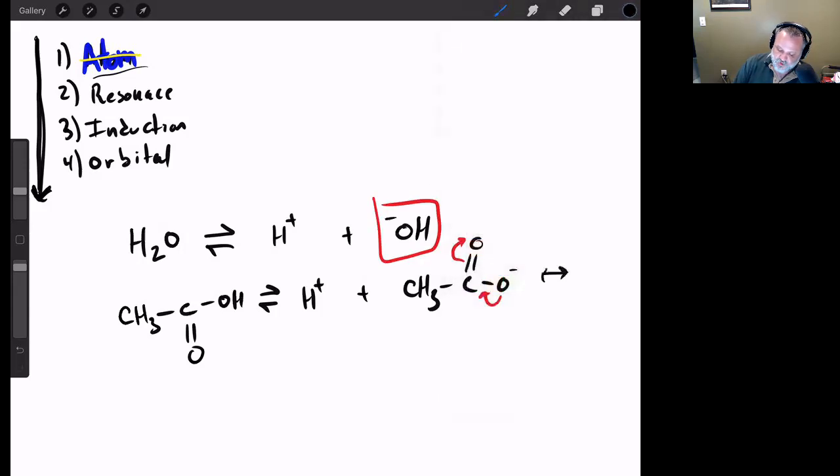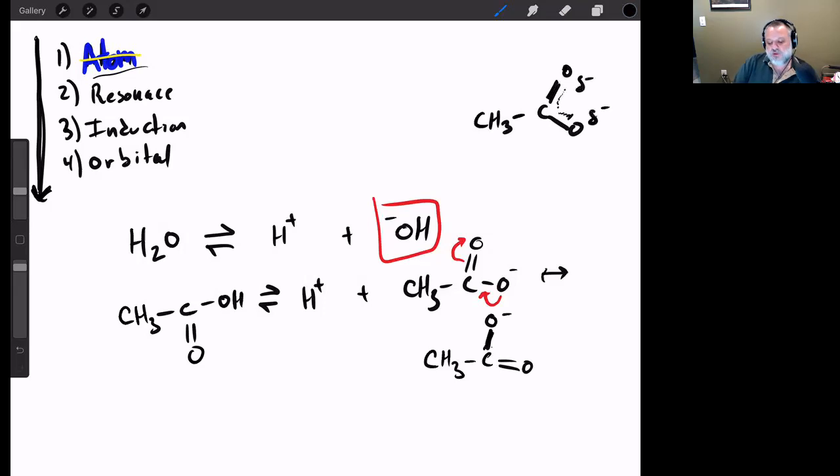So if I were to show the resonance structure of the carboxylic acid, the negative charge can be on the atom pointing up versus the atom pointing down. And remember that the real structure is something in between. It's a hybrid of the two, where there's a partial bond all around and a delocalized negative charge.